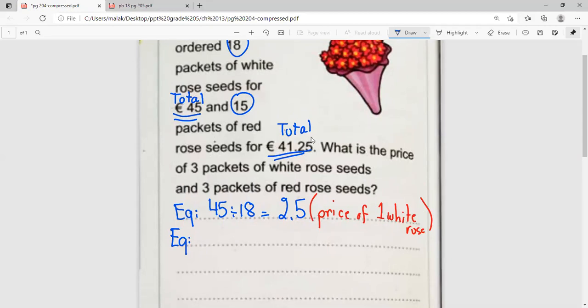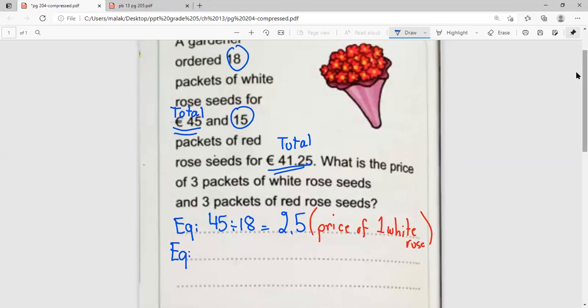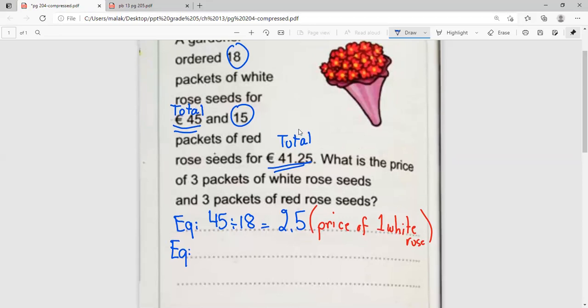What did I explain, Areej? You are not concentrating at all. We divide. Why? Because we know the total number. We said, Areej, that in any problem when we know the total price of all.